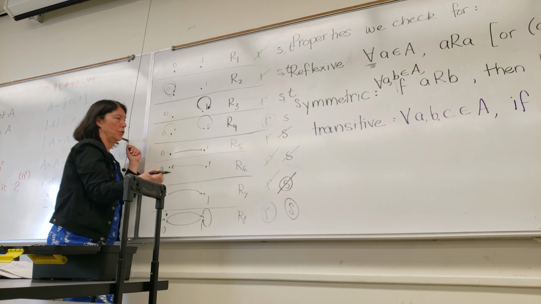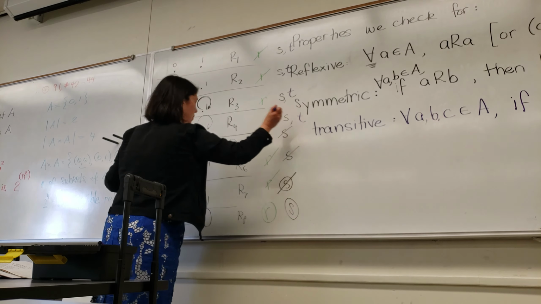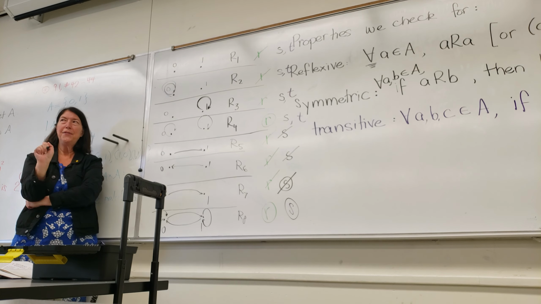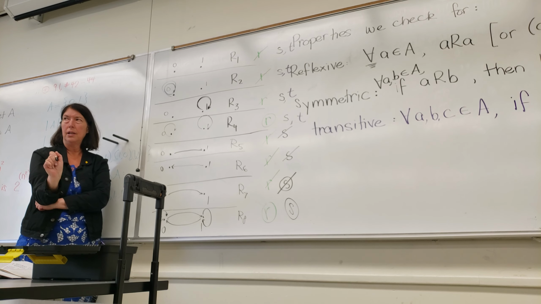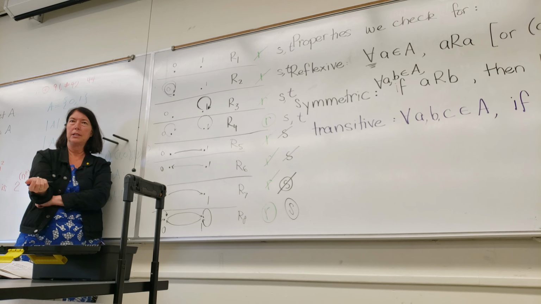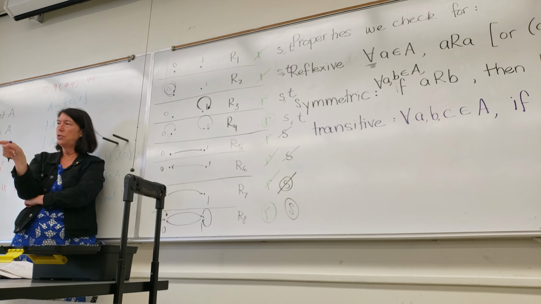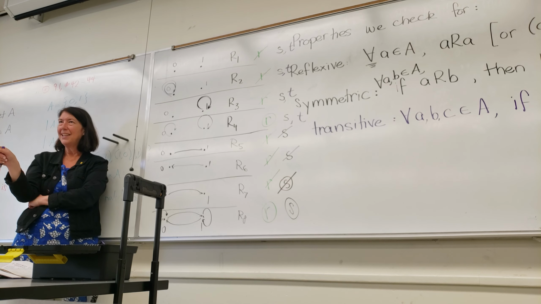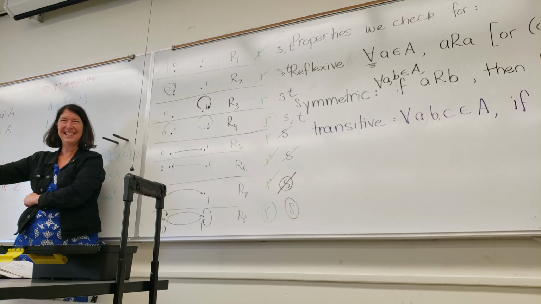So that one is also transitive. How about R5? If there's a two-step path, there needs to be a direct path. If there is no two-step path, so true.